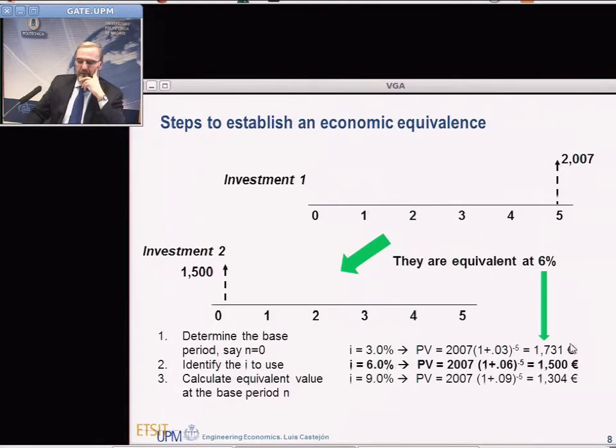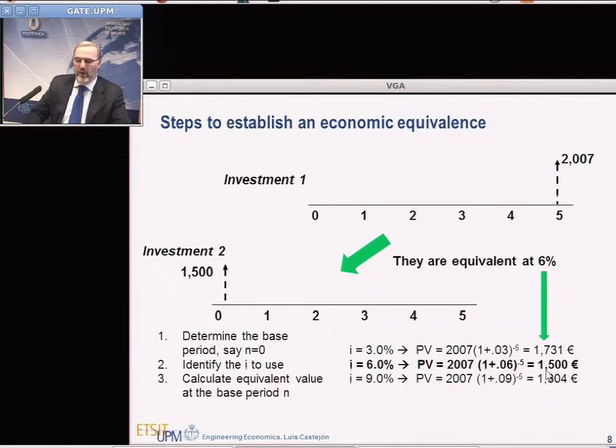So we try with 6% interest rate, and we calculate the present value. Instead of using 3% here, we use 6%. And then the result is 1,500 euros. So, as we see, the future value of 2,007 in 5 years is equal to a present value of 1,500 in the case the interest rate is 6%.